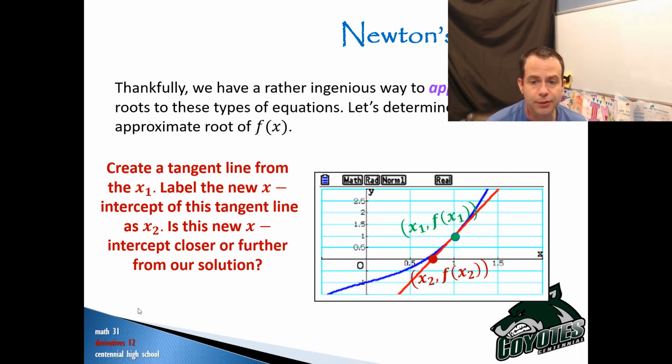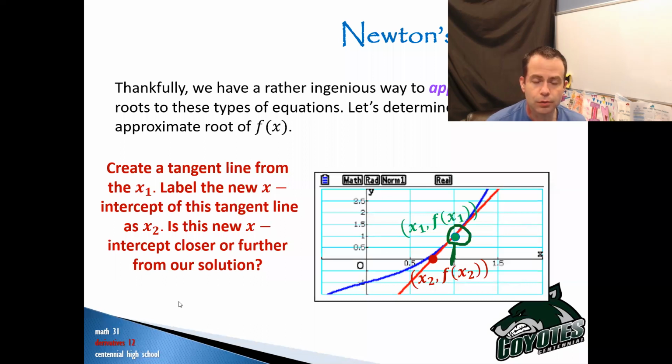So again, just to make sure you're aware of what we were doing here, the original x value we chose, I'm going to get green ink on so I could keep everything nice and color coordinated. The original x-intercept we chose, okay, that was right here. So the question is x2 along the x-axis, is x2 closer or further to the actual intercept I want? And you can see that it is closer, okay?